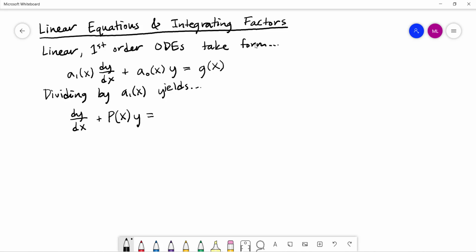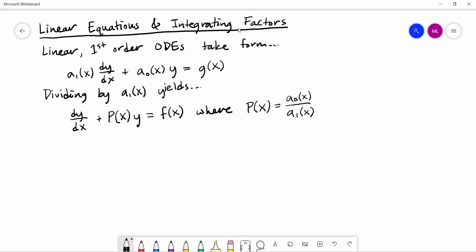And let's call this thing, instead of g, f of x. So what I've done is basically combine a0 of x divided by a1 of x. The thing I'm calling p of x is a0 of x divided by a1 of x. It was some ratio of two functions. Now I'm just calling it its own new function.